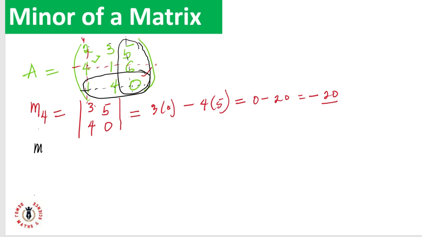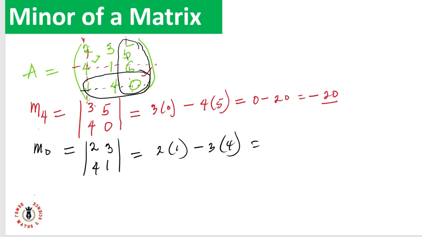So the minor of 0 will come from the determinant of 2, 3, 4, and 1, which is equal to 2 times 1 minus 3 times 4. That's equal to 2 minus 12, which is equal to minus 10.